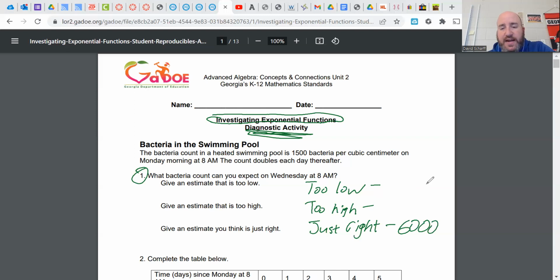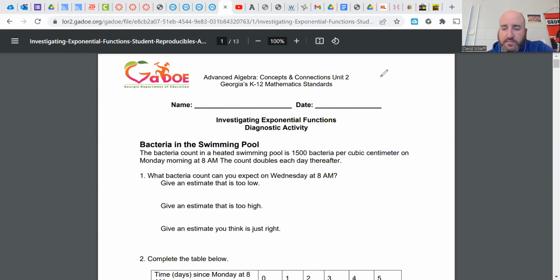Don't put 5,999 and 6,001, but you could put 2,500 and 10,000. Some people said even bigger numbers than that in class. But you need to put a too low estimate and a too high estimate as well.